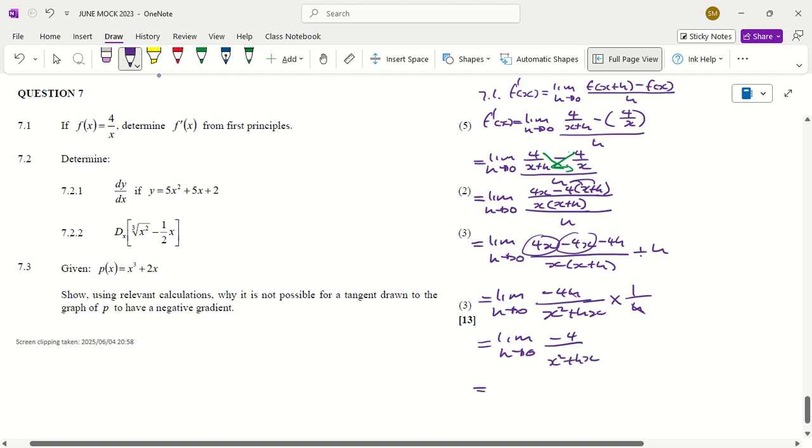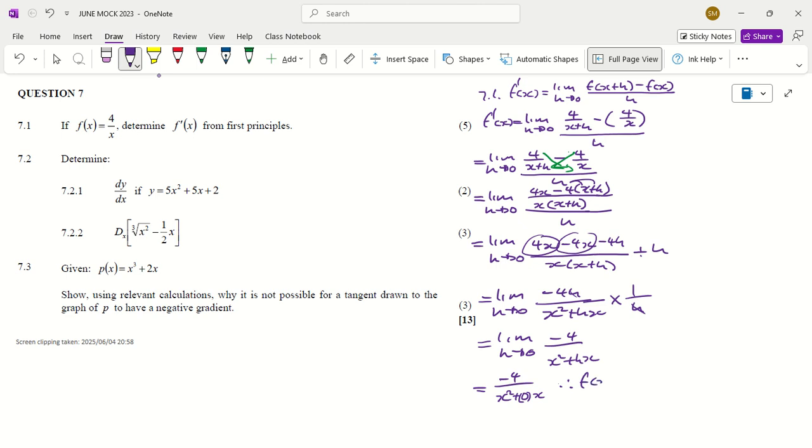Then I stop writing the limit and substitute 0, so negative 4 over x squared plus 0 times x. Therefore the derivative is equal to, and where do I get negative 4? Is it negative 4?